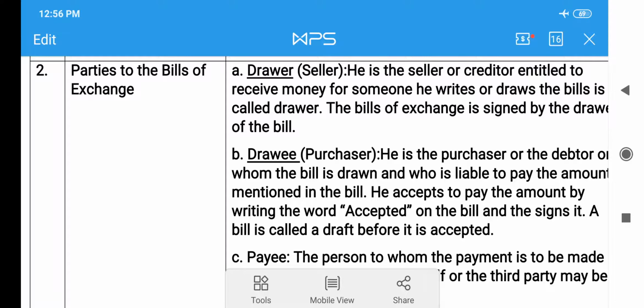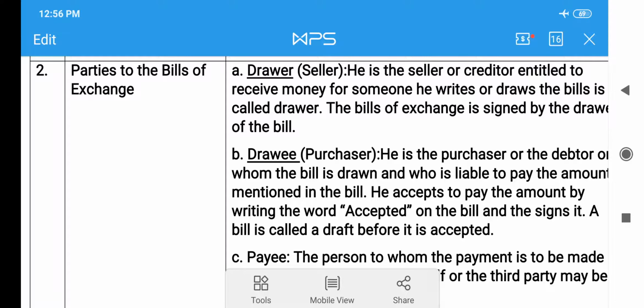So in this case, drawer is X and he is going to make the bill because the money is coming back to him. Bills of exchange is made because the transaction is done on credit, no cash payment has been made by the purchaser.